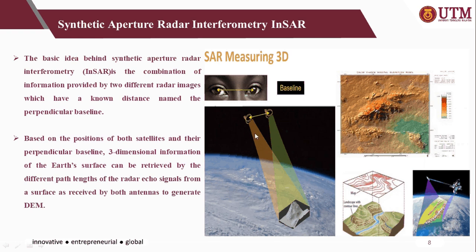So based on the positioning of both satellites and their perpendicular baseline, three-dimensional information of the Earth's surface can be retrieved by the different path length of the radar backscattering signals from a surface as received by both antennas to generate a digital elevation model.